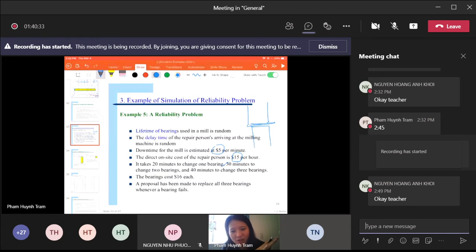Okay, so this is because if we change two or three bearings at the same time, we only open up the machine once, so it saves us some time. Okay, so that's why the engineer made this proposal.